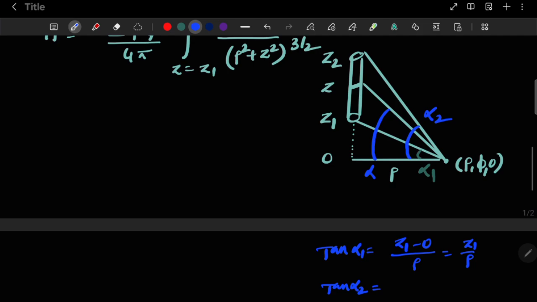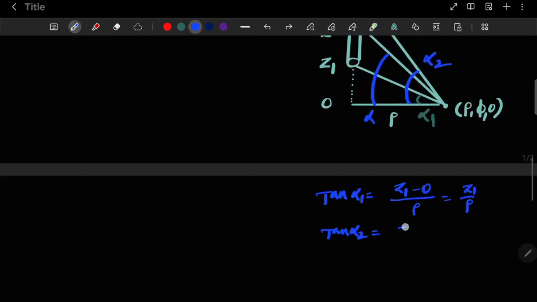Tan alpha 2 means you have to see this right angle triangle, and alpha 2 is defined here. So what will we get? z2 minus 0 by rho, that means z2 by rho.